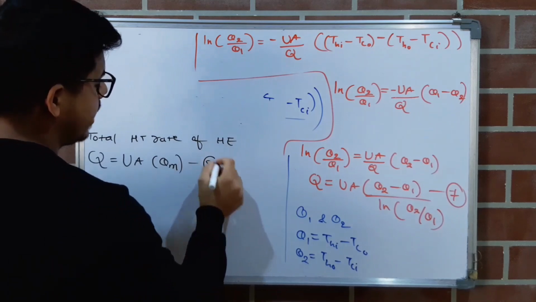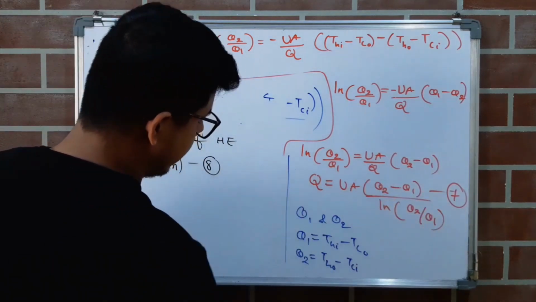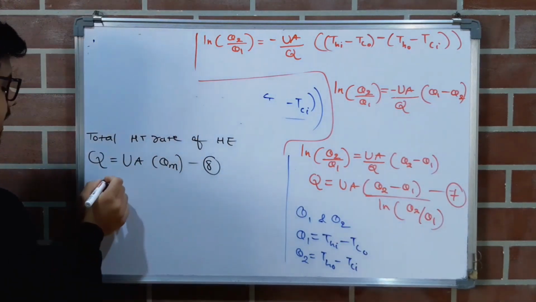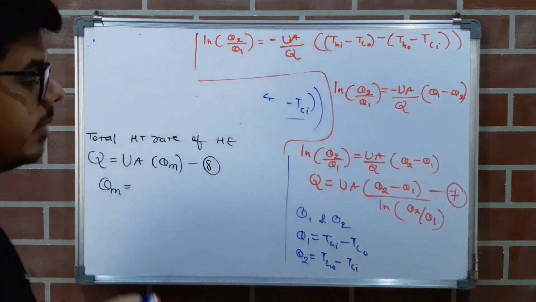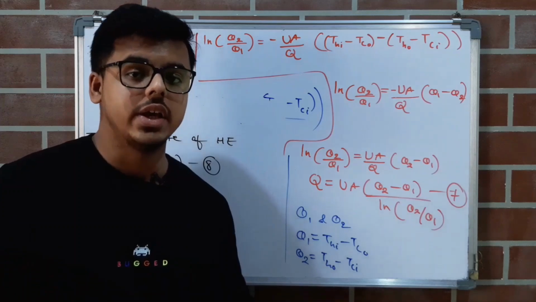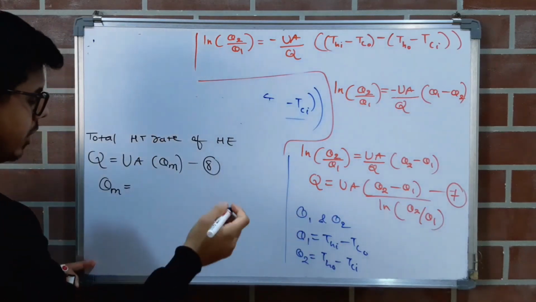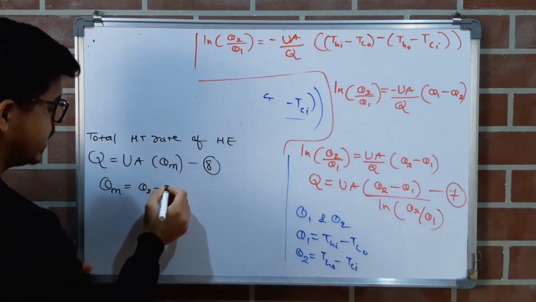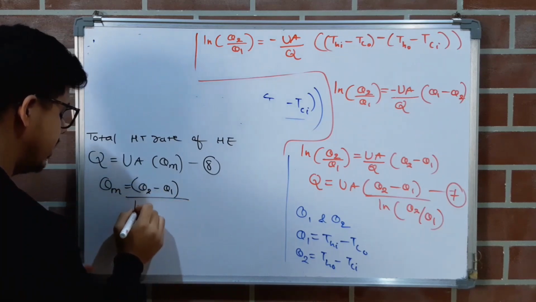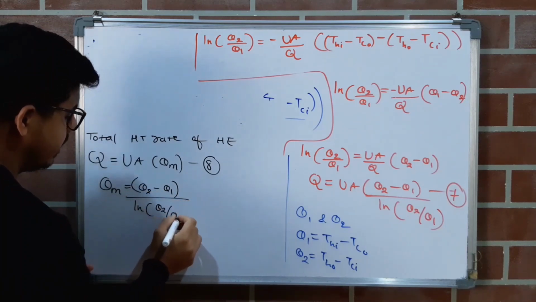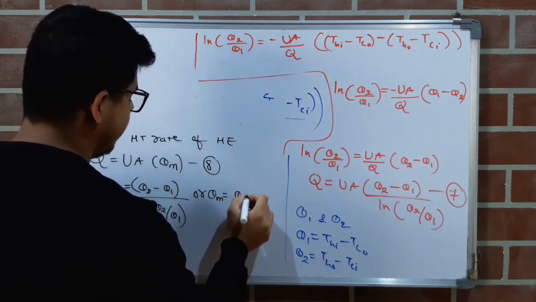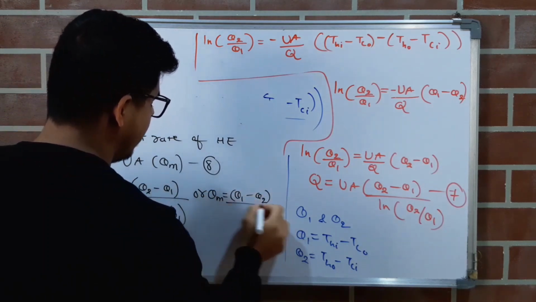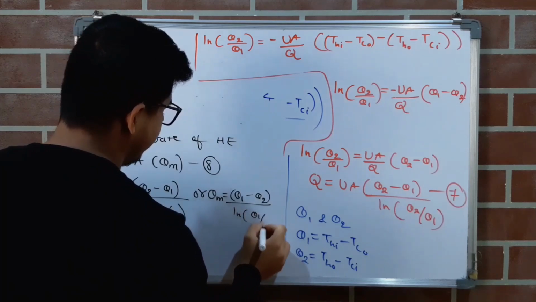So if you compare equation number 8 and equation number 7, then you will find the formula of theta m is the same as the formula which we got in the case of parallel flow. You can observe, theta 2 minus theta 1 upon ln of theta 2 by theta 1, or you can write theta m as theta 1 minus theta 2 upon ln of theta 1 upon theta 2.